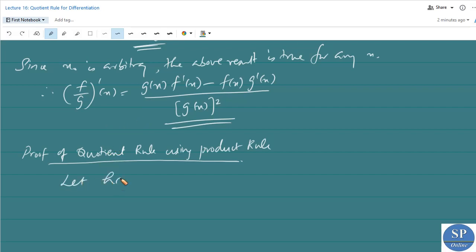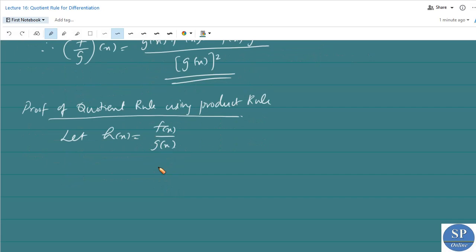Let h of x is equal to f of x divided by g of x. Then we have f of x is equal to h of x into g of x.